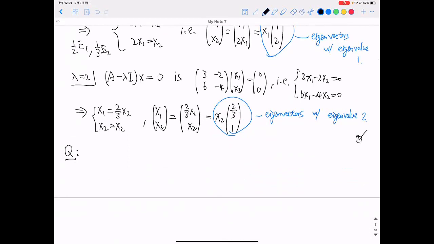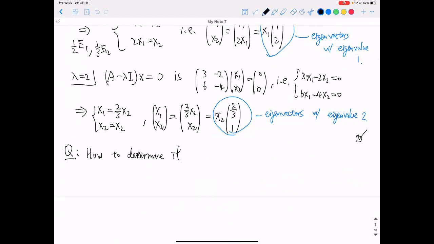And we know how to do this in the 2x2 case. The question is how to determine whether A minus lambda I is invertible or not for the case beyond 2x2.